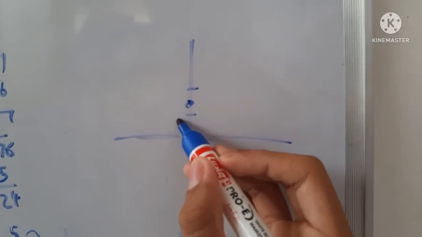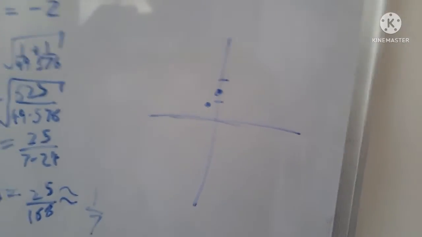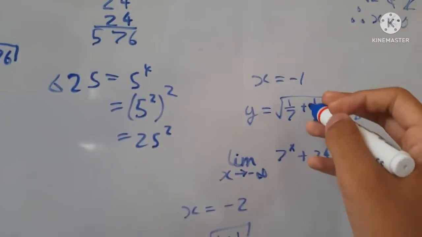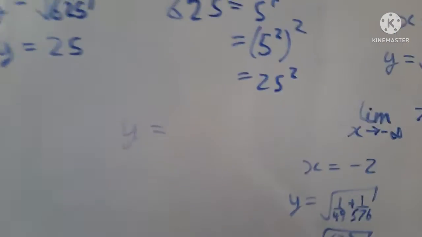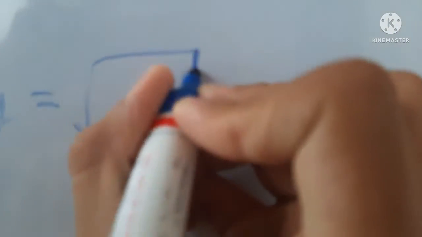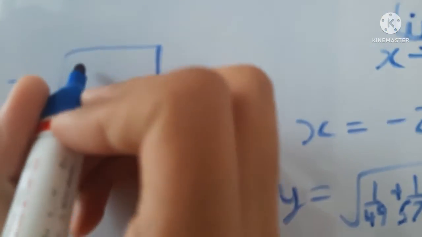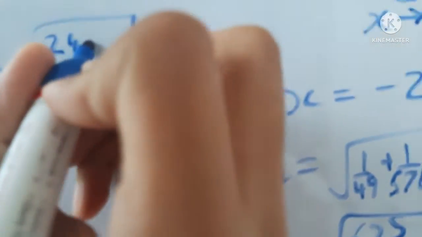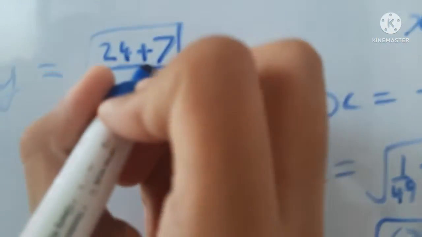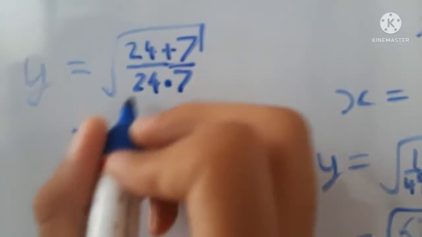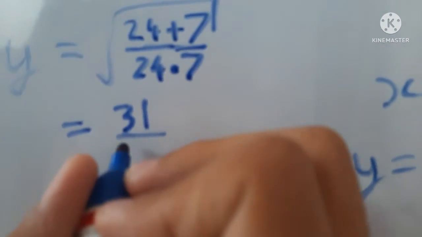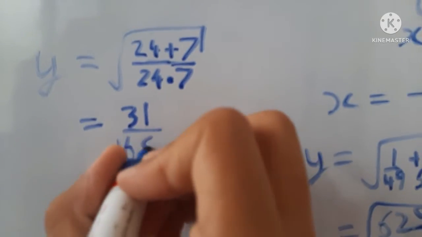I'm tempted to solve this one now, right? So y is equal to the square root of 1 upon 7 plus 1 upon 24, which is 24 plus 7 upon 24 times 7, and of course that is 31 upon 168.